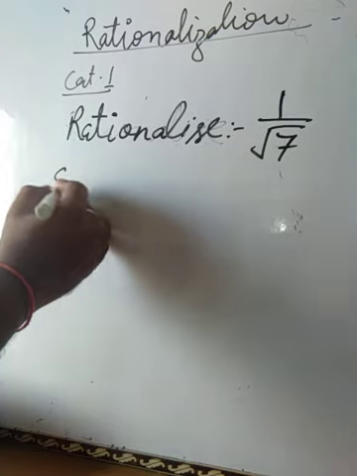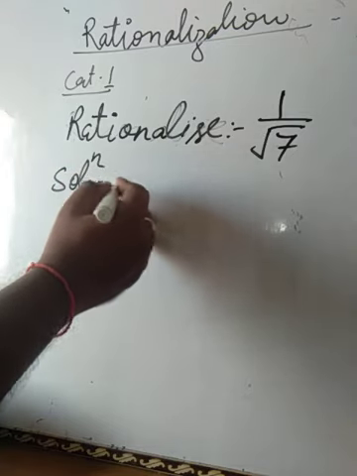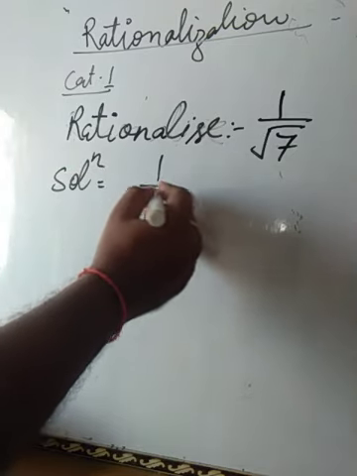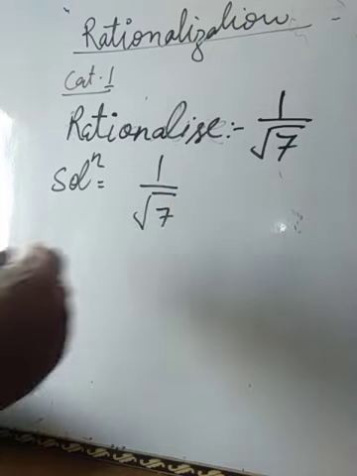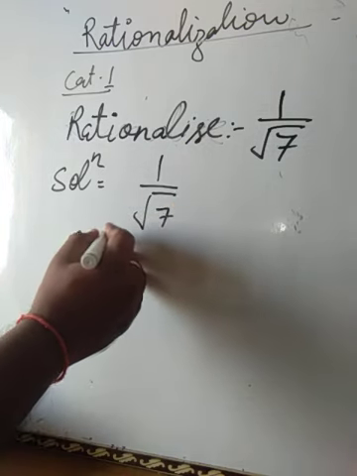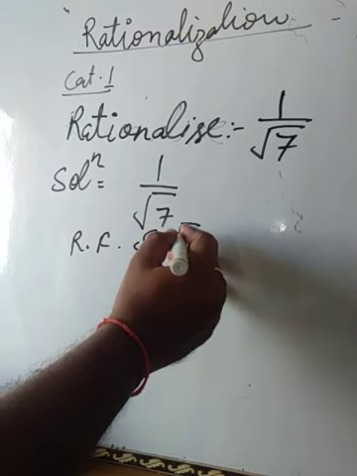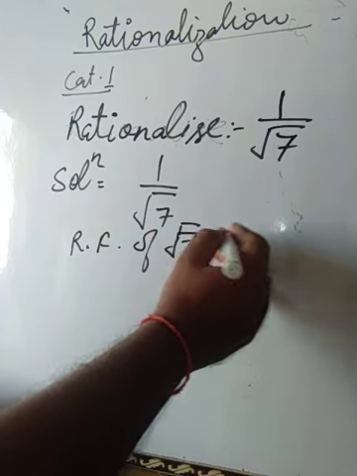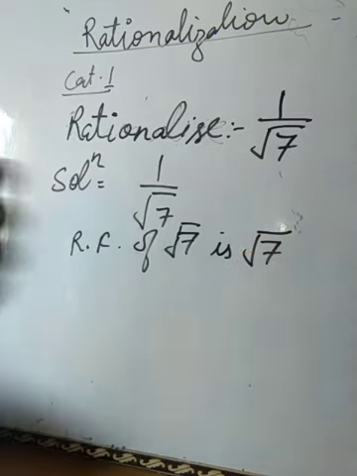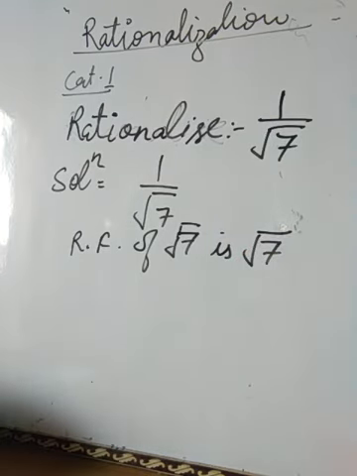As a solution, we will write down 1 upon root 7. Now the RF of root 7 is under root 7. Therefore, we will multiply the given question by root 7.